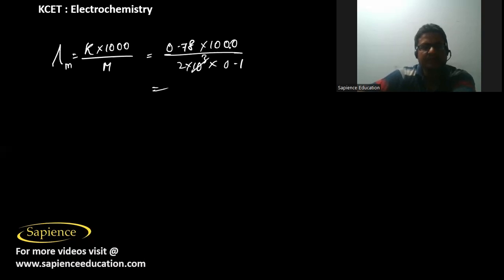So 10 power 3, 10 power 3 will cancel out. So this is 0.2. So this is 0.78 by 0.20.